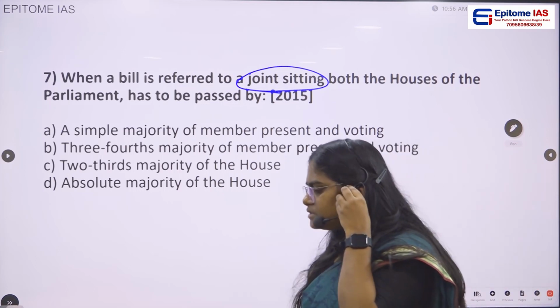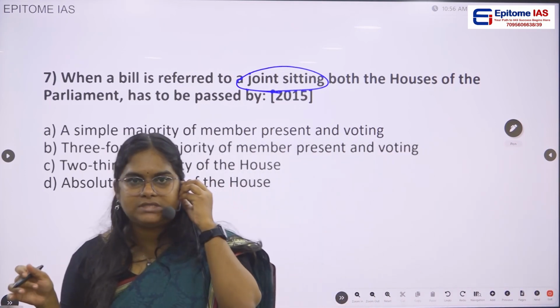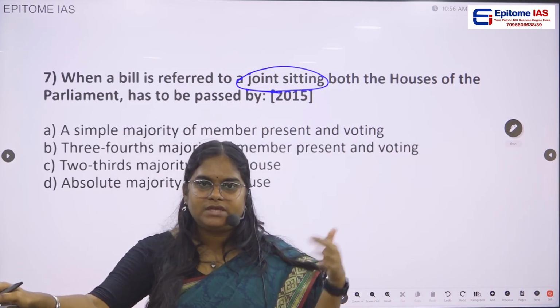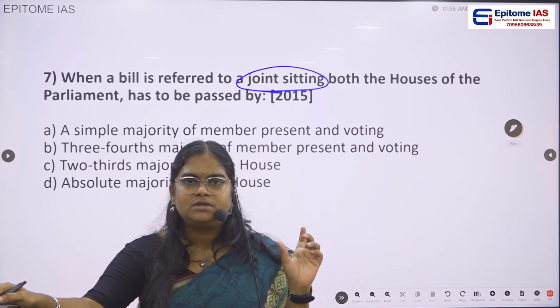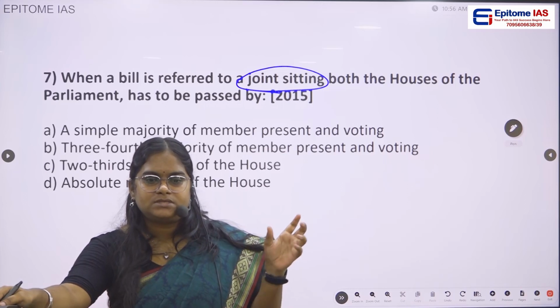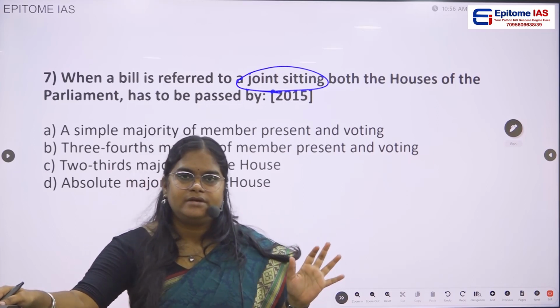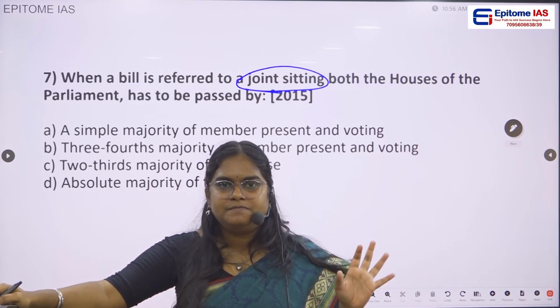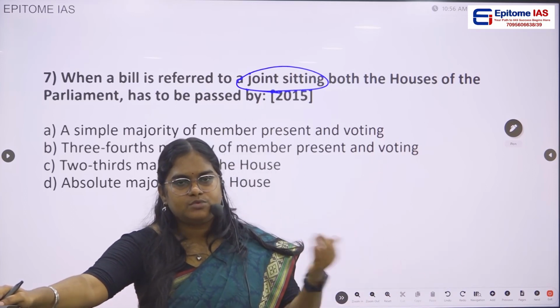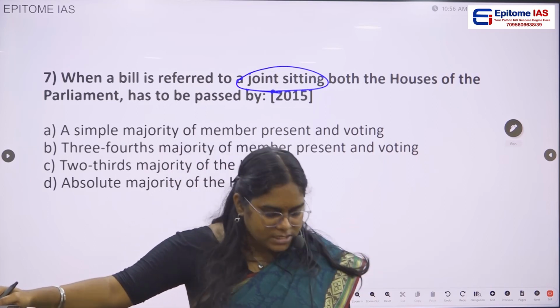Whenever there is a joint sitting, it is because there is a disagreement between the Lok Sabha and the Rajya Sabha on a particular matter. When there is a deadlock in the passage of the bill, the President calls for the joint sitting. He'll be calling both the houses. Let me give you an example.